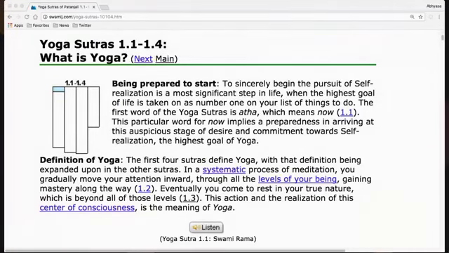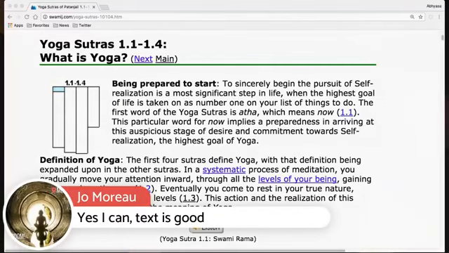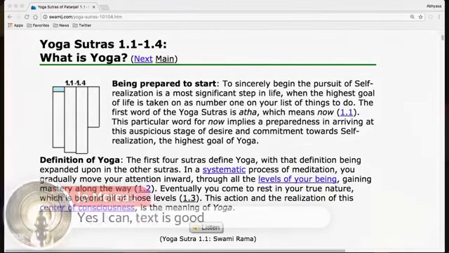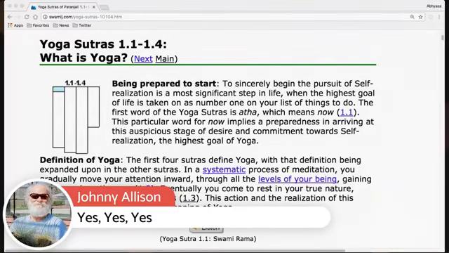Text is good. So there, Joe says text is now good. Thank you, Joe, for giving us feedback both ways. Thank you for the yes, yes, yes. I'm not exactly sure what yes, yes, yes means, Johnny. I presume that means this works. Okay, we can hear you both with full screen.